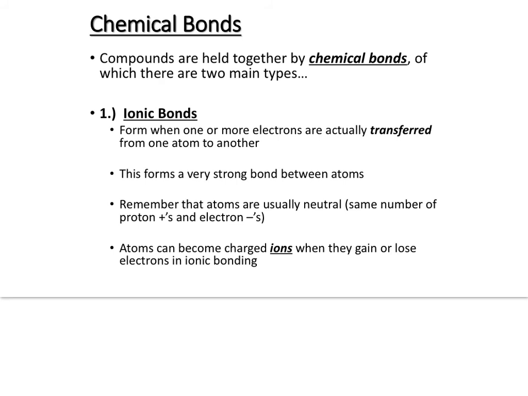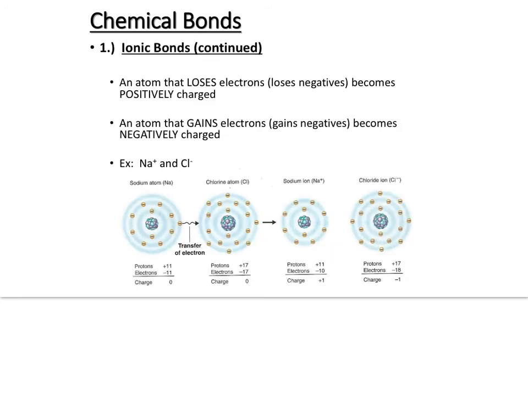Now, remember that atoms, as we saw earlier, are usually neutral. They have the same number of protons and electrons, and so they stay neutral. There's no charge. But an atom can become an ion if it gives up or gains an electron. Then it will have more electrons than protons, or fewer electrons than protons, and it will have a positive or negative charge.